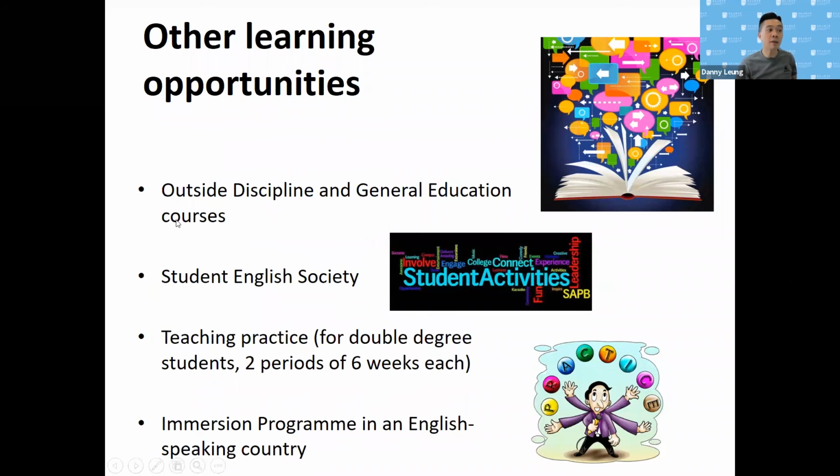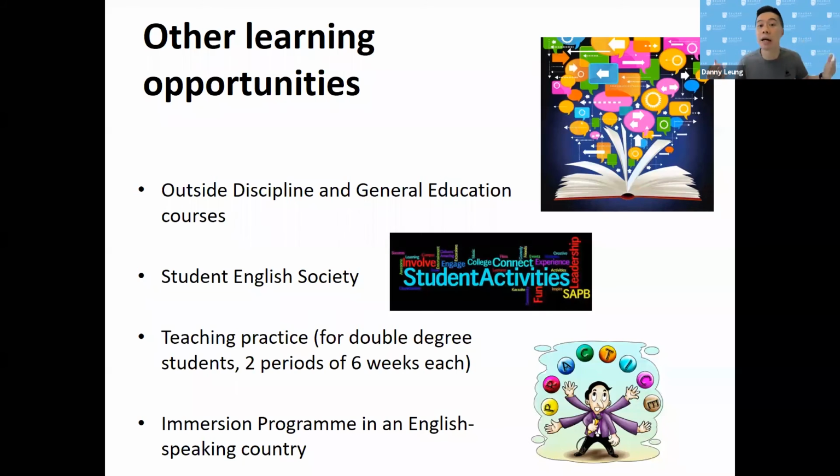As I've just mentioned, apart from the major courses, you will have to do outside discipline courses as well as some general education courses. And you can participate in different societies. Because you are majoring in English, you will have the student English society, but we also have sports societies or societies in other disciplines or other interest areas.